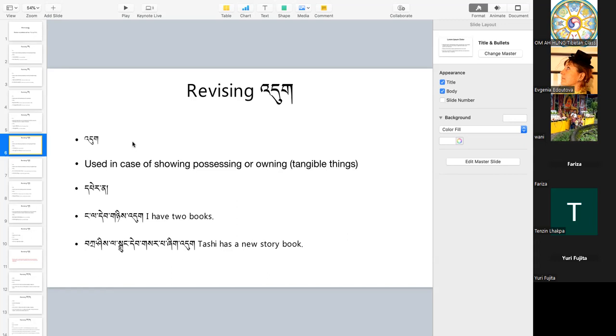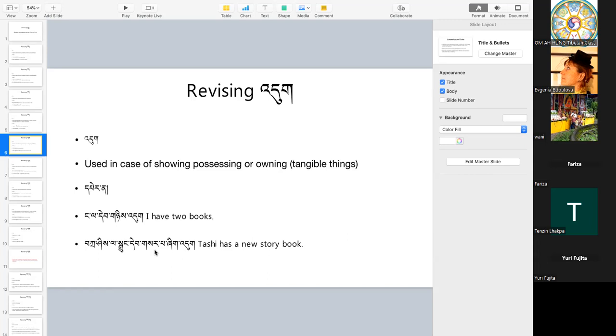Tashi has a new storybook. So I observe. So here, this is narration. I'm confirming by narration. Here, I'm confirming by observation. I'm looking at Tashi. And out of the books, I see that Tashi is saying that this is mine. And then I see that Tashi has a new storybook.